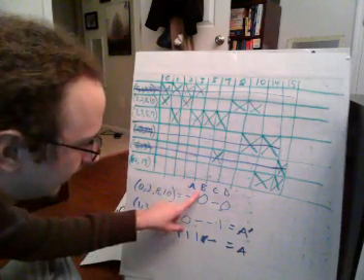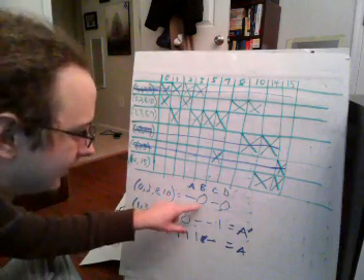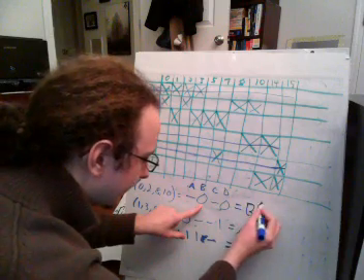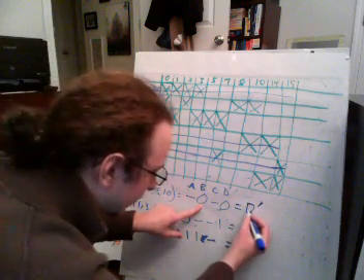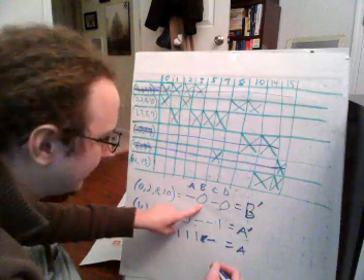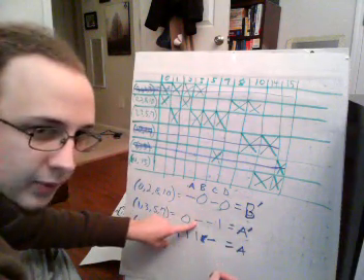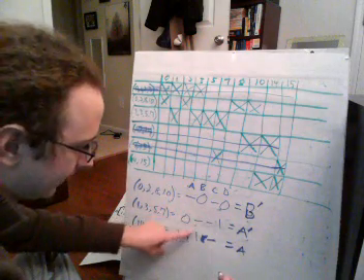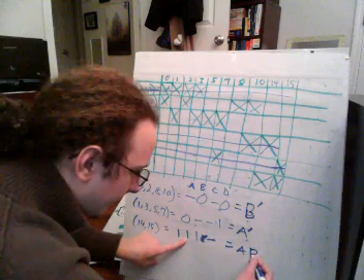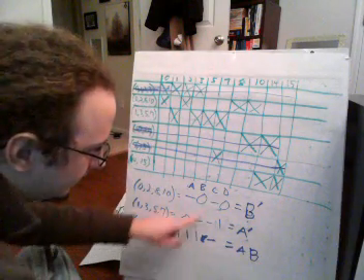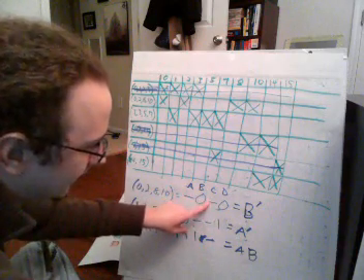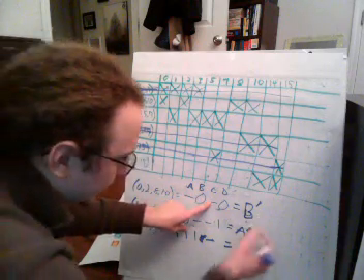In the second column, we're looking at B's now. This one is equal to B naught. That's a goofy looking B, so I'm going to make that a little bit more like a B. So that's B naught. And this one, it's a dash, so we're going to ignore it. Here, it is a 1, so that is going to be a B. Third column here, it's a dash, and this one we're going to ignore it.